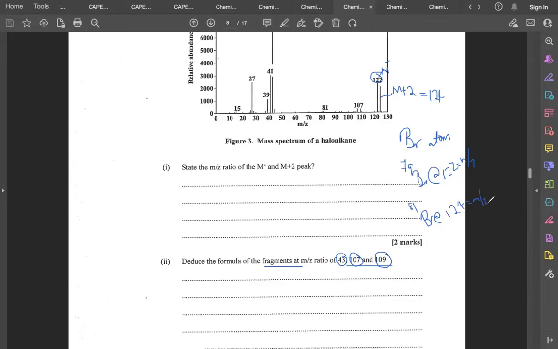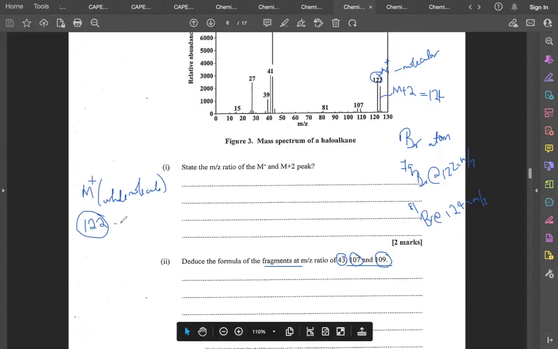All right, so here's what we're going to do now. Let us take this mass, which is the M plus, the mass of our entire haloalkane molecule that we know has bromine-79 in it at this point. We have our whole molecule, and we know that the mass of the whole molecule is 122, and included in this 122 is a mass of 79 from the bromine.